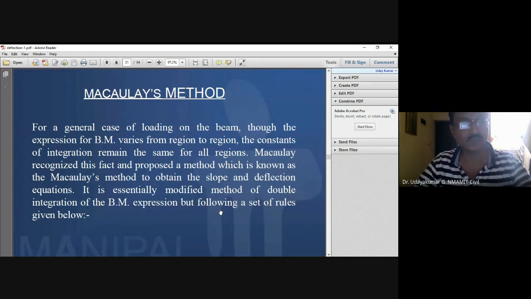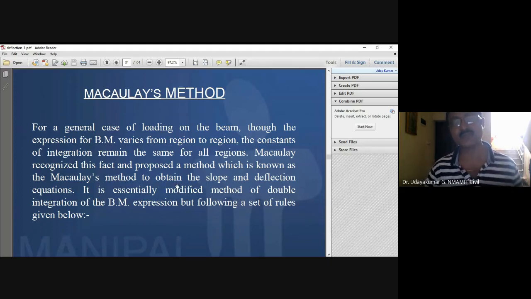For such cases, we can apply the double integration method. When the beam is subjected to numerous loading conditions, combinations of loads, a number of point loads, or discontinuous loads, like a UDL acting only for a portion of the beam, not for the entire length, then Macaulay's method is useful.